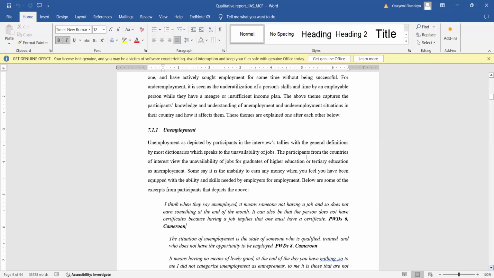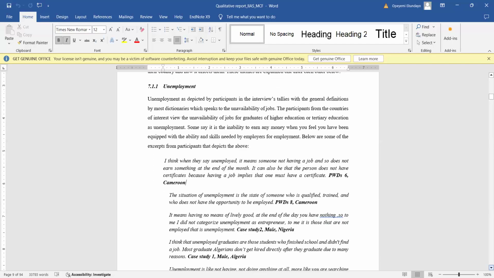Some say it is the inability to earn any money when you feel you have been equipped with the skill, the ability and skill needed by employers for employment. Below are some of the excerpts from the participants that depict the above. So one says, I think when they say unemployed, it means someone not having a job and does not earn something at the end of the month. It can also be that the person does not have a certificate, because having a job implies that one must have a certificate.